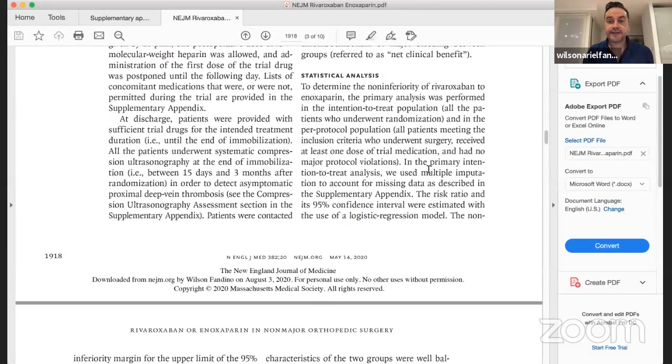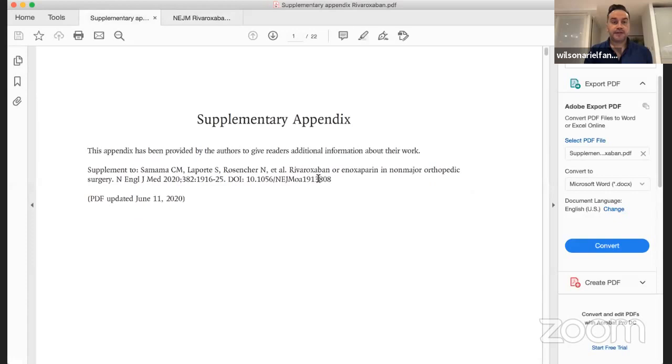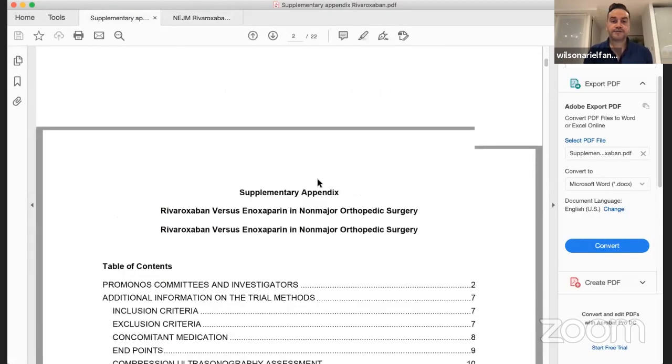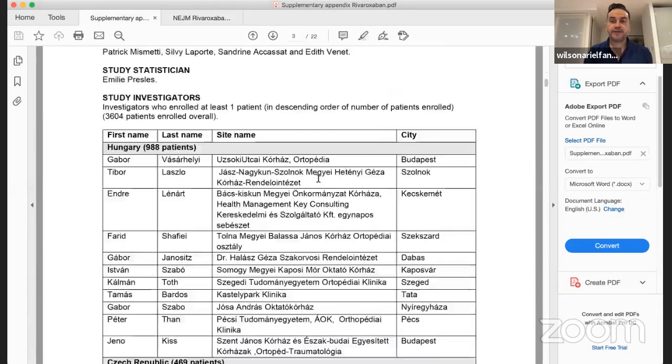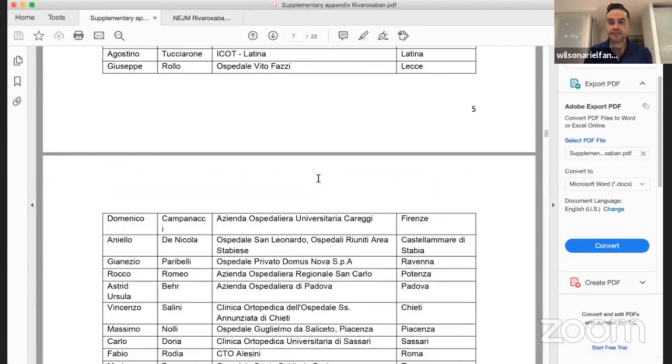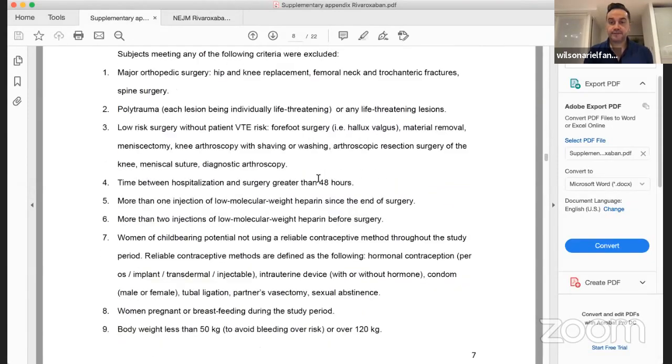But then they said, again, we use multiple imputation to account for missing data as described in the supplementary appendix. So I went to the supplementary appendix provided by the authors, and if I scroll down, I think it was page 11.